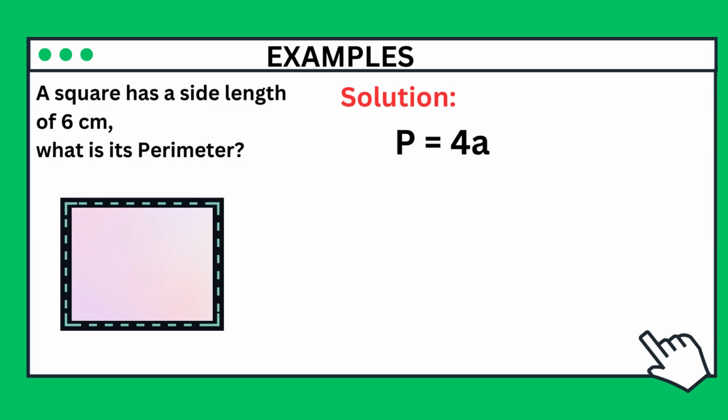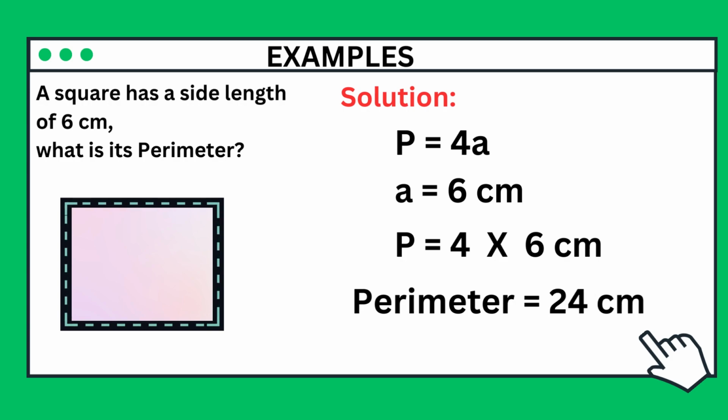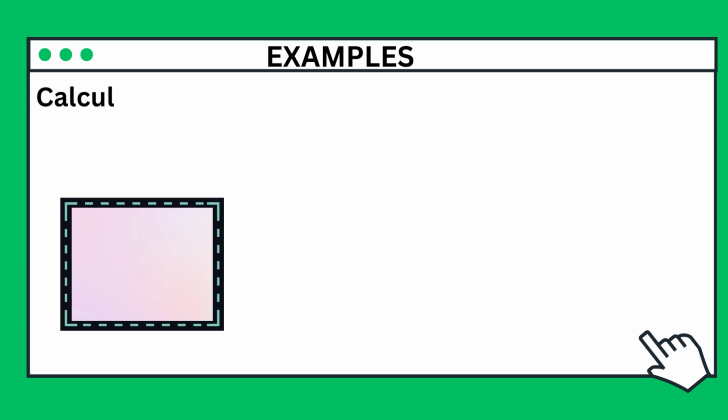A is equal to 6 centimeters. I-multiply lang natin yan. So, P is equal to 4 times 6 centimeters. So, perimeter is equal to 24 centimeters.